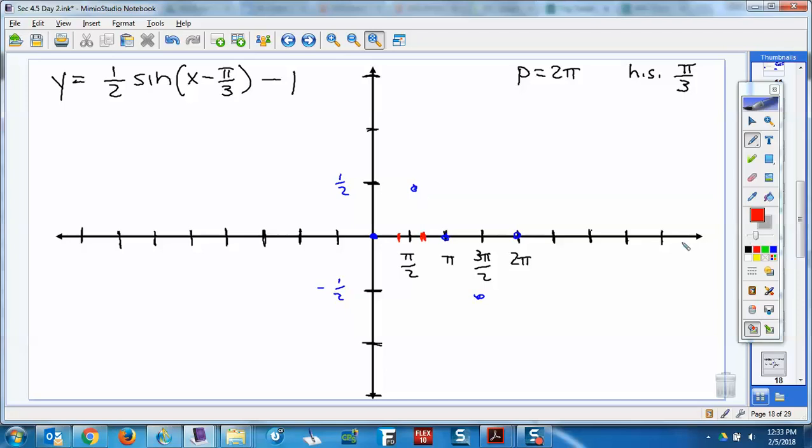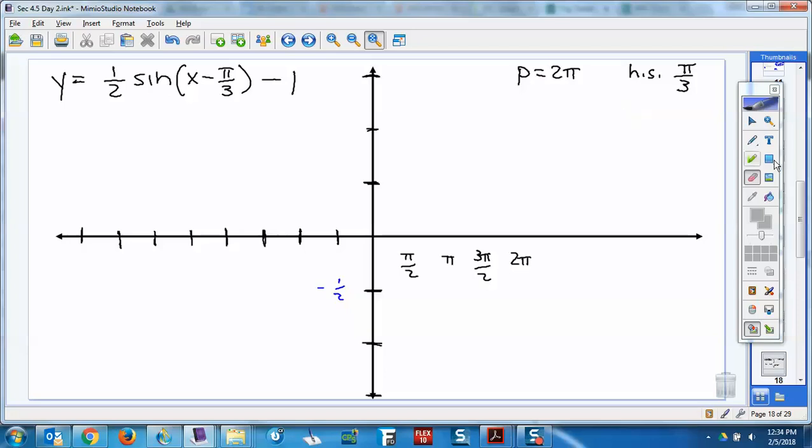So here's what I would suggest when you notice you've got to shift it pi thirds. It's okay to put these markings down first, because that's the period, and these are important. You're going to want those marks spread out like that. What that tells me is that one mark is pi halves. I'm going to jot this down.